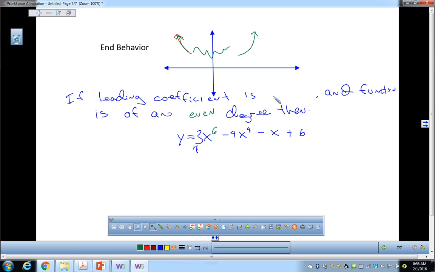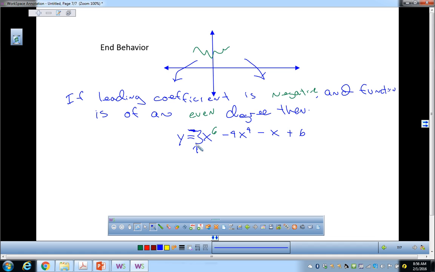So what if I change this to negative and an even degree? Then what? Common sense. Yeah, then they both face downward, right? So if I do that, then if it's negative, an even degree, as in negative 3x to the 6th minus 4x to the 4th minus x, it's going to start down, and it's going to end down, okay?